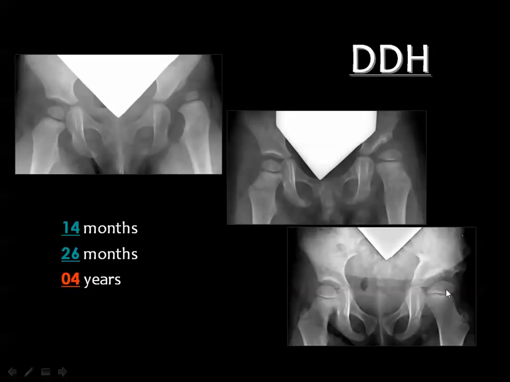Here you see that the capital femoral epiphysis is developing normally. It has normal size and bone density, but its articulation with the acetabulum is somewhat distorted, but finally you get a near normal appearance of the hip.